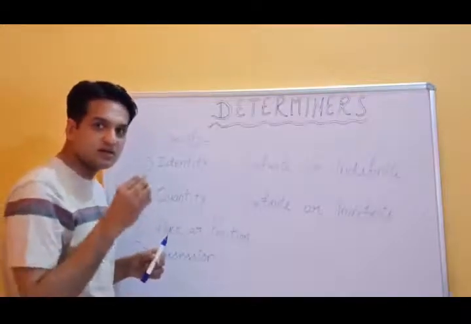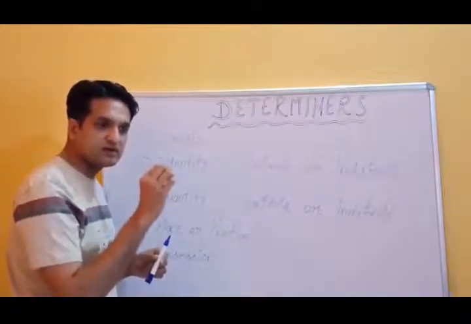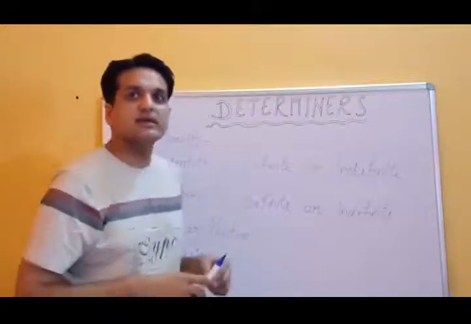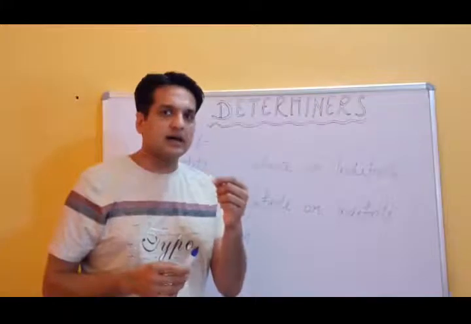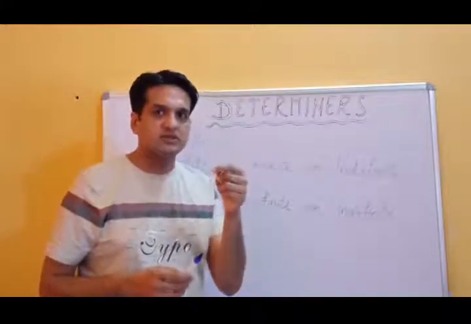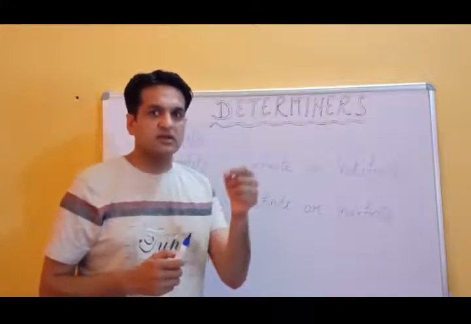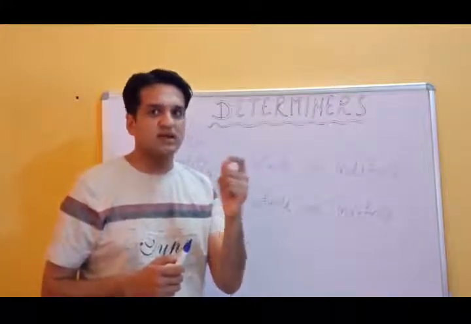Sometimes a noun is identifiable, a definite noun, sometimes it is indefinite. In that sense, we need to use articles as determiners. Articles की help से हम ये निश्चित करते हैं कि वो specific है या unspecific.